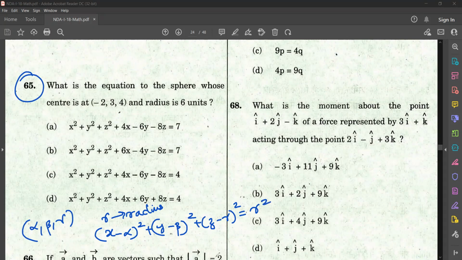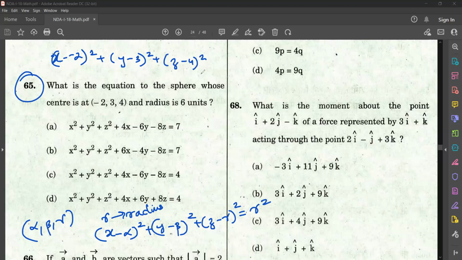So put it here. x minus minus 2 whole square plus y minus 3 the whole square plus z minus 4 the whole square is equal to radius square, that is 6 square. So simplify this. All of you simplify yourself and comment the answers, whether it is option A, B, C or D. After doing, comment the answers also.